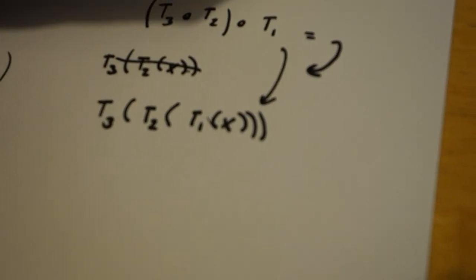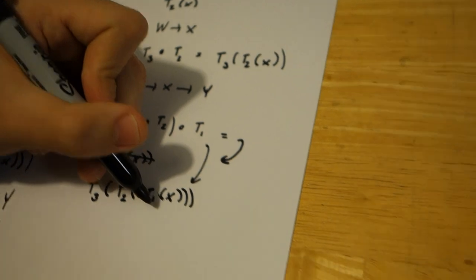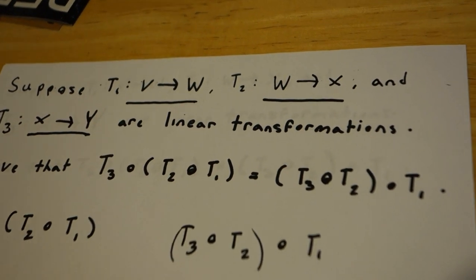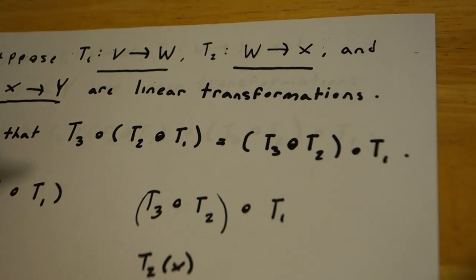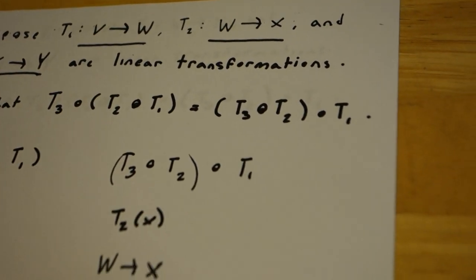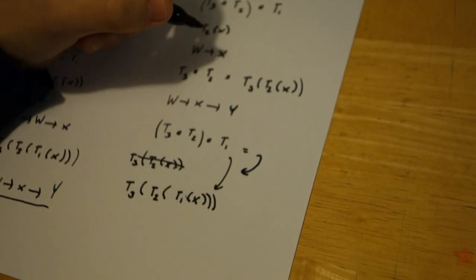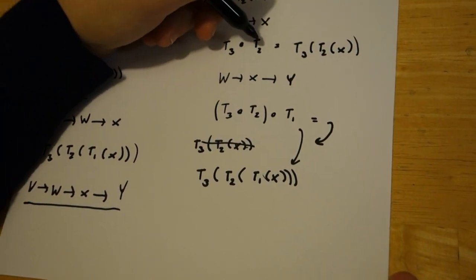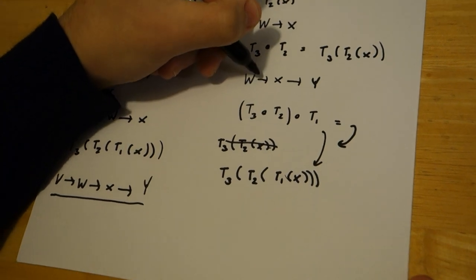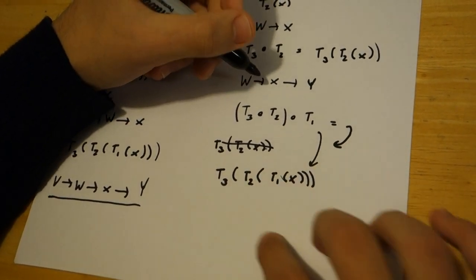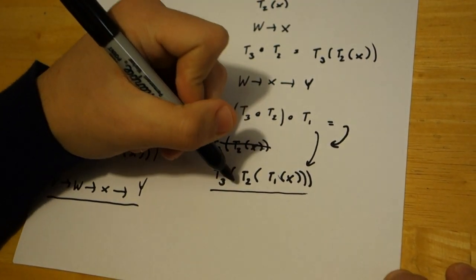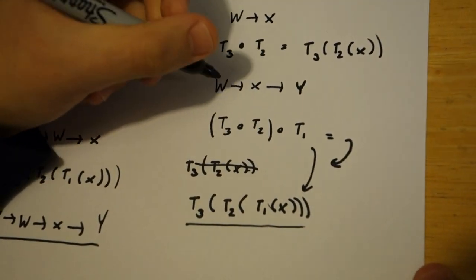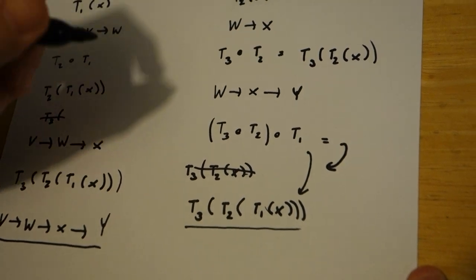So what does T1 do? This will be valid if T1 produces a vector in set W, because T3 composite T2 begins with a vector in W. Therefore, for this to even make sense, T1(x) has to produce a vector in set W, and let's see if it does.